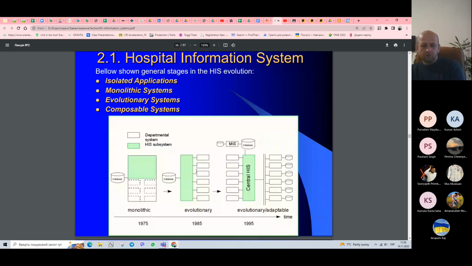Some models, some evolution of information systems. For a beginning, this was monolithic, some program which served only some amount of patients, isolated. Monolithic, evolutionary, and composable systems are present.